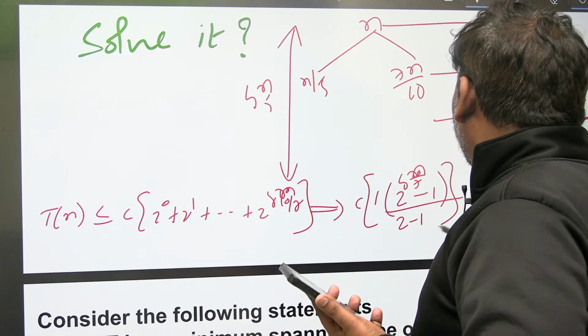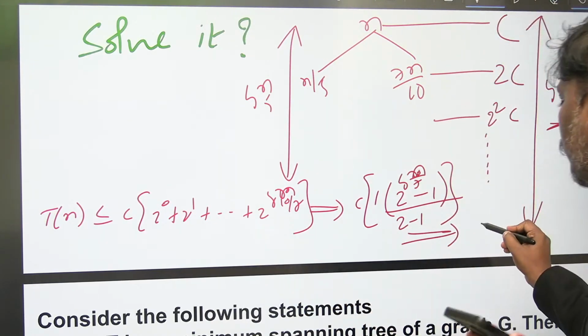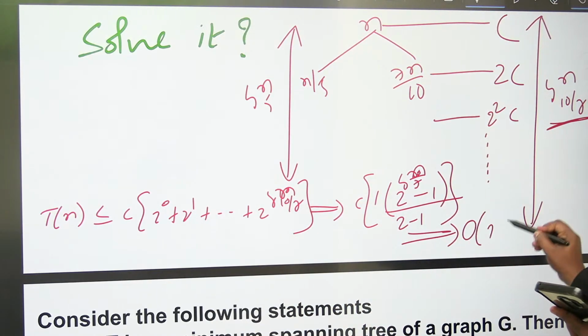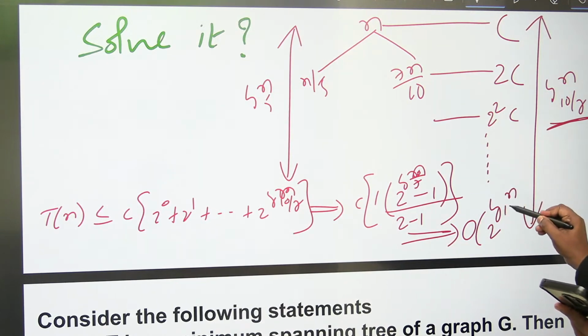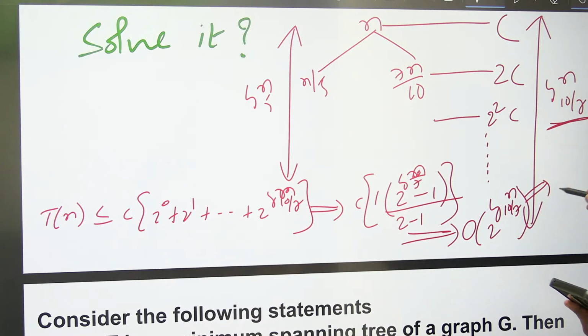Forget about small things. If you see the function, it became big O of 2 power log n base 10 by 7. N will come down, 2 will go up, it will go to n power log 2 base 10 by 7. Whatever it is, this is the answer.